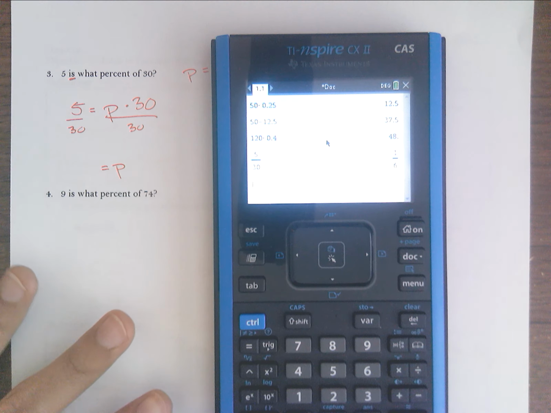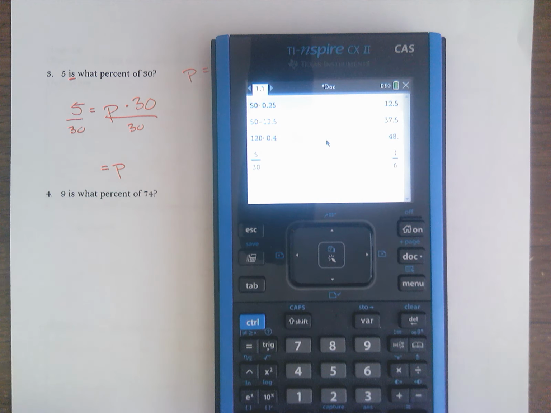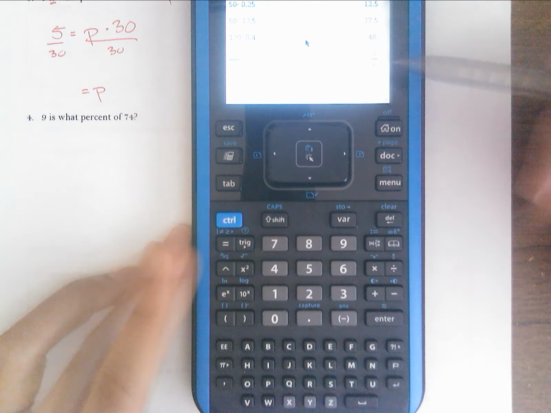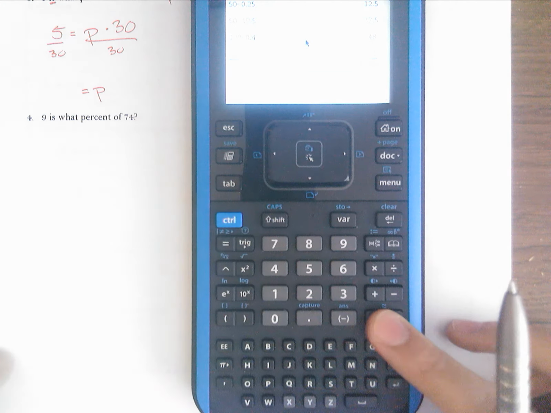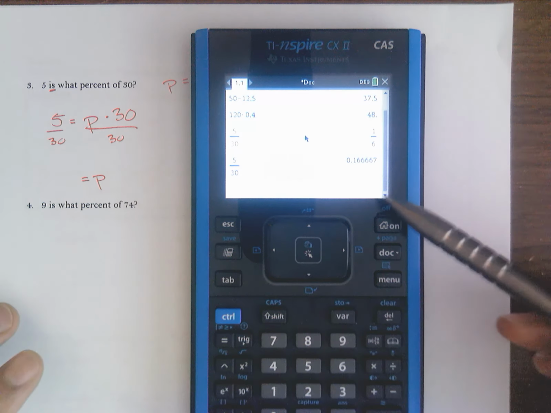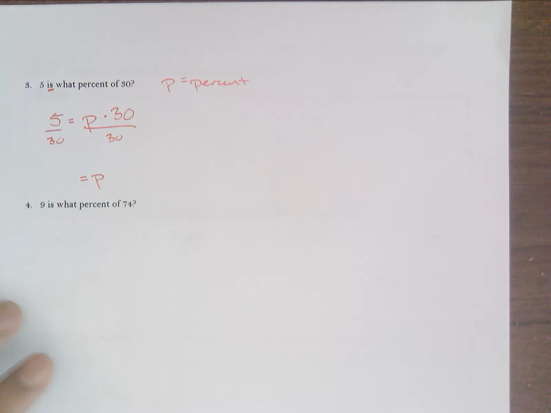Now, we want the decimal representation so that we can determine the percent. So on the TI Nspire, whenever you're given a fraction, you can hit Control, Enter, and that will give you an approximation. So that approximation, if you can see it, is 0.1667 or so.